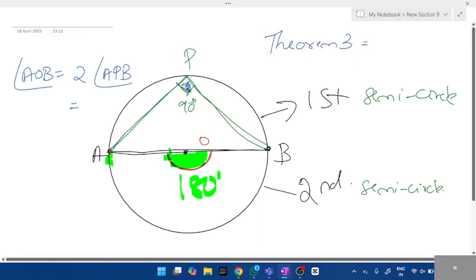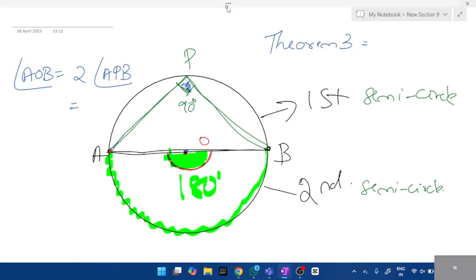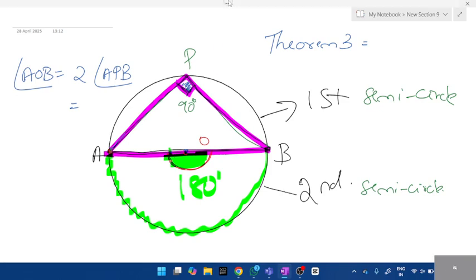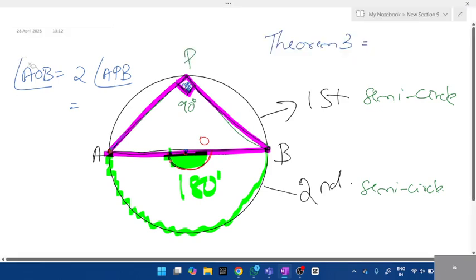And here the arc is this one. They have taken this arc, the green one. From this arc, an angle of 180 is being subtended like this. Okay, this is theorem 3.